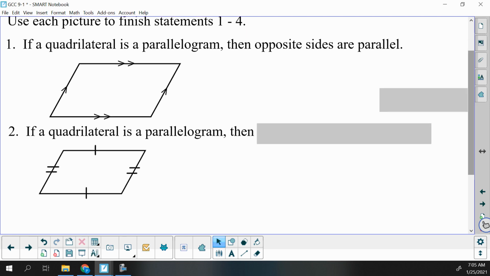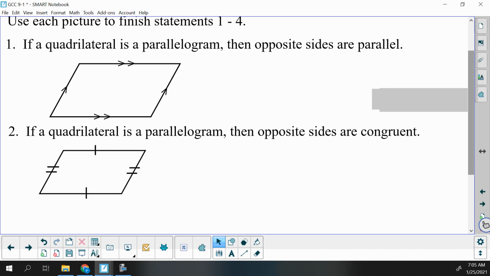If a quadrilateral is a parallelogram, then we know the opposite sides are congruent. And we've been marking congruent things for a while now. Again, that's one of your reasons that you will have to memorize on your green card. Parallelogram implies opposite sides congruent.